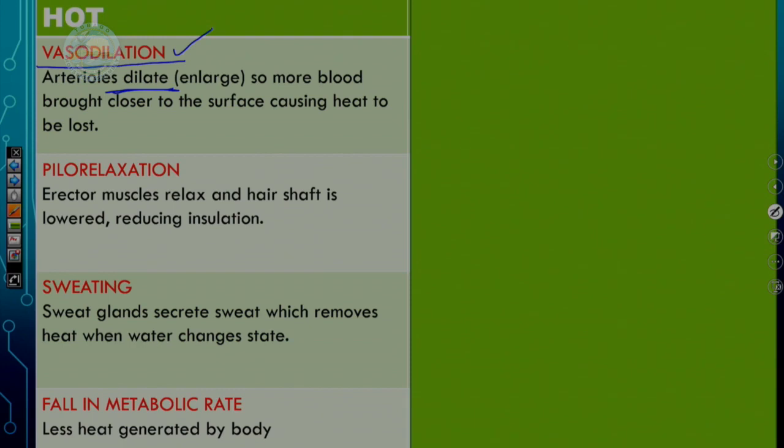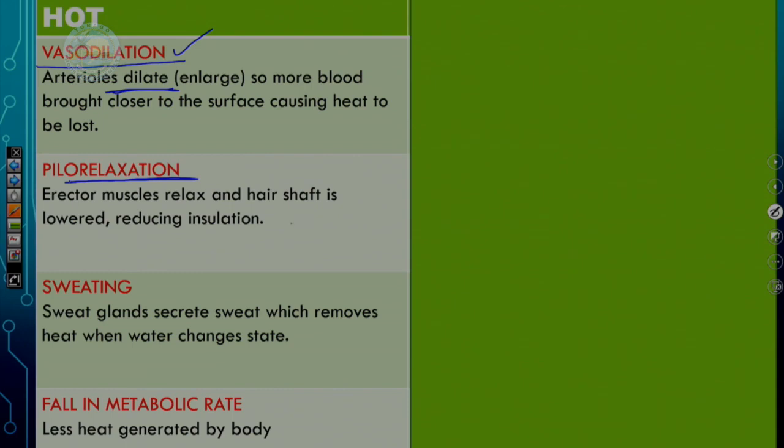The next one is relaxation of the hair muscles, or the hair shaft rather. You call that pilorelaxation. So the erector muscle will relax and the hairs are going to fall flat. So they're going to lower, and when they do that, the heat that your blood vessels would have brought is going to dissipate out.